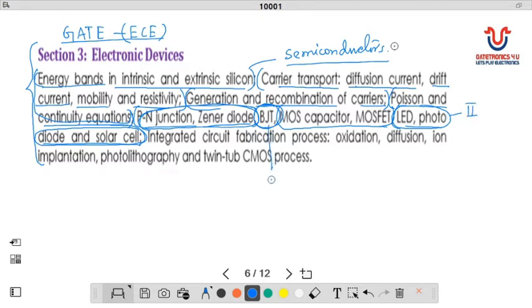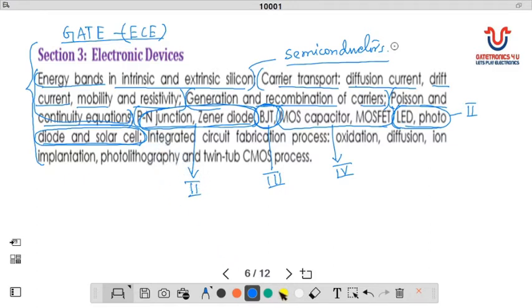So BJT is the third chapter, MOSFET is the fourth chapter, and the junction diode, LEDs, photodiodes and solar cells are the second chapter.